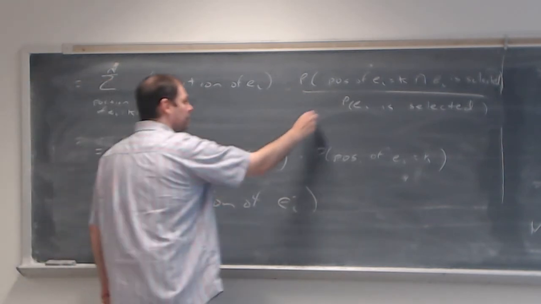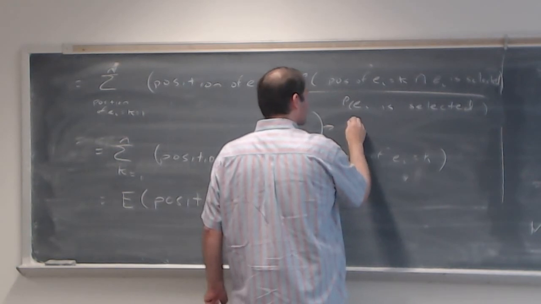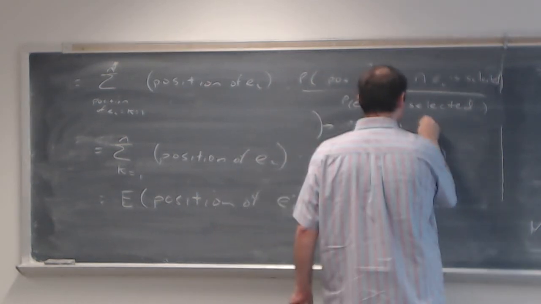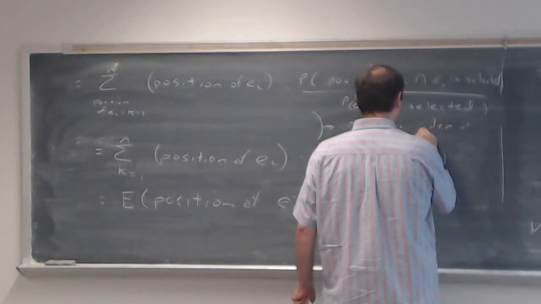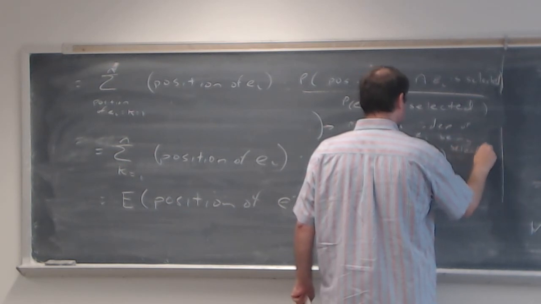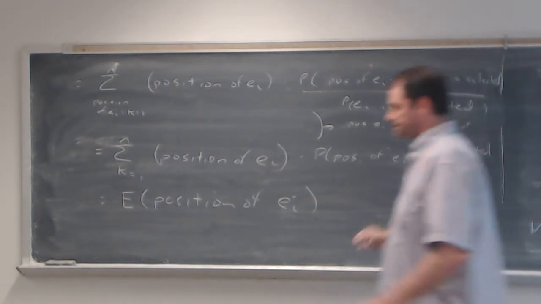Remember, this move right here, the position of E_I is independent of E_I being selected. That's how I can make that transition.